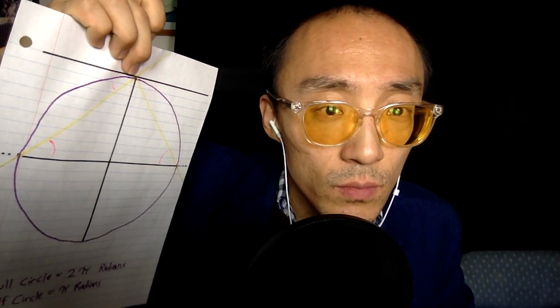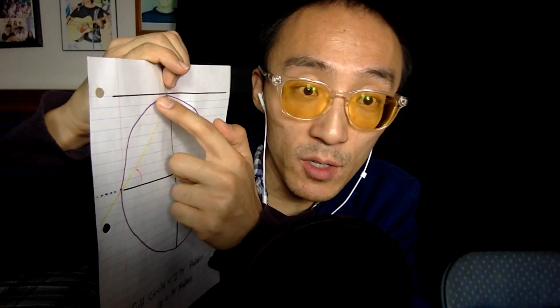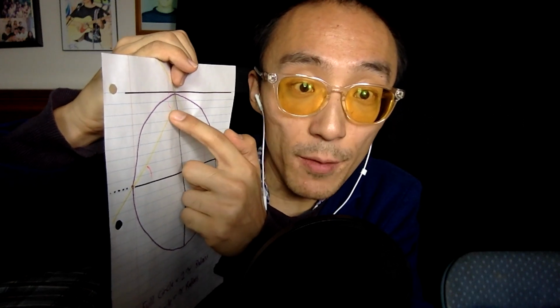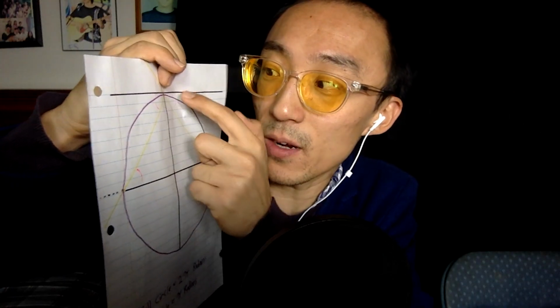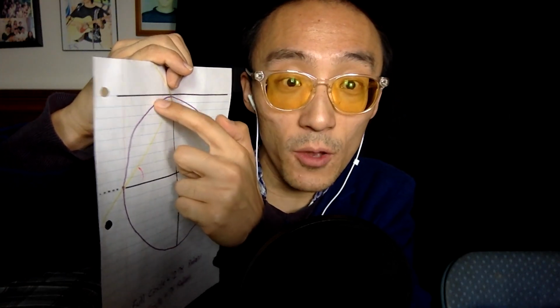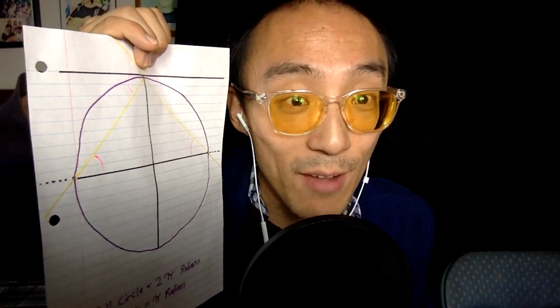So let me draw that. So we now have the two bases of the triangle accounted for up here. What about the third angle? Well, the third angle is conveniently up here. And together, look what they form, guys. Look what they form. It's the angle of half a circle.